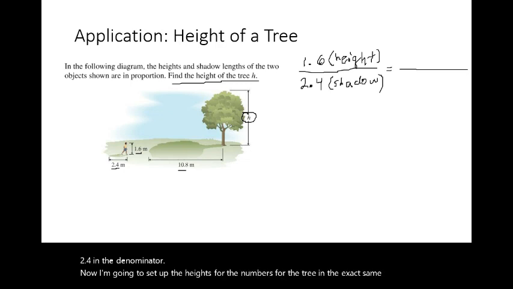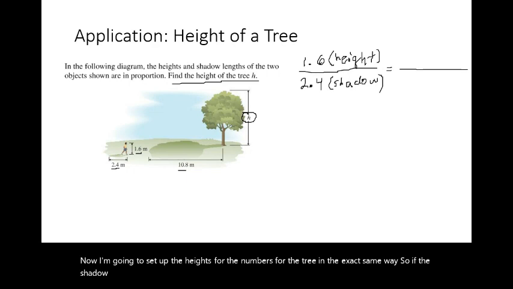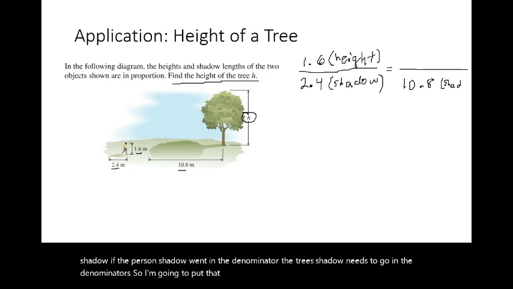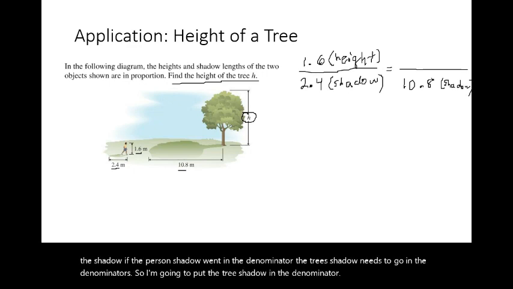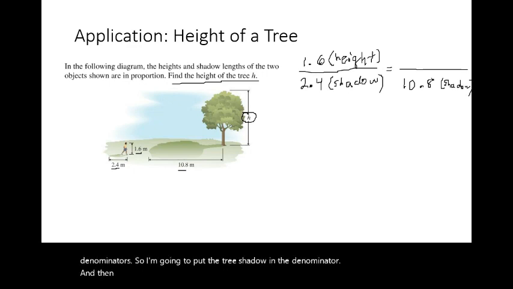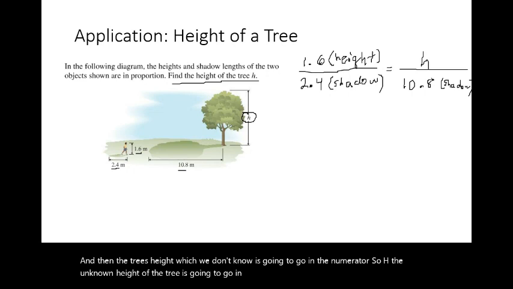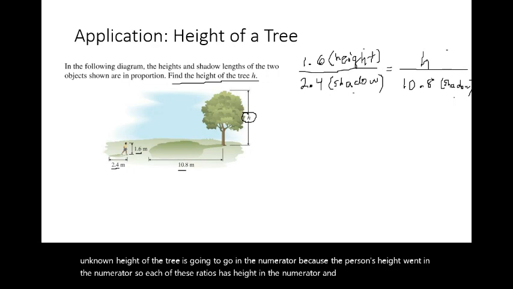So if the person's shadow went in the denominator, the tree's shadow needs to go in the denominator. So I'm going to put the tree's shadow in the denominator. And then the tree's height, which we don't know, is going to go in the numerator. So h, the unknown height of the tree, is going to go in the numerator because the person's height went in the numerator. So each of these ratios has height in the numerator and shadow in the denominator.